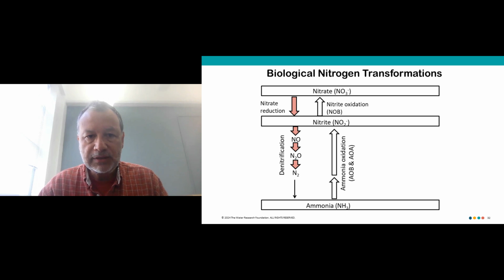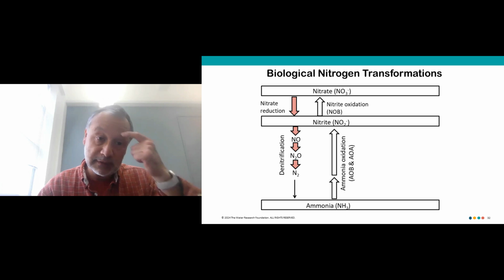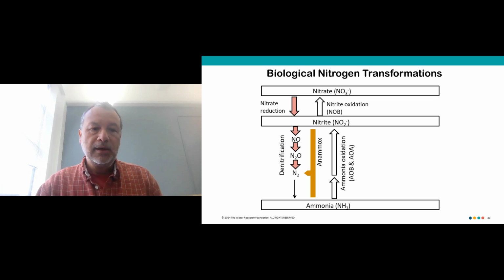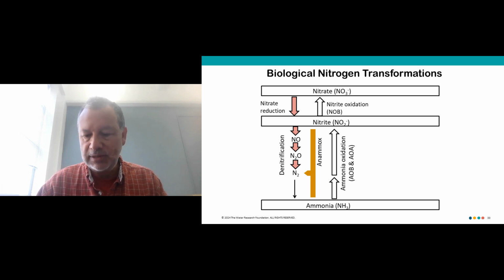Then nitrite oxidizing bacteria doing nitrite oxidation to nitrate, and you have the typical denitrification done by several heterotrophic organisms that bring it back and produce nitrogen gas from that. Anammox is another organism that is there, probably not a whole lot in activated sludge, with ammonia and nitrite getting converted to nitrogen gas in an anaerobic environment.